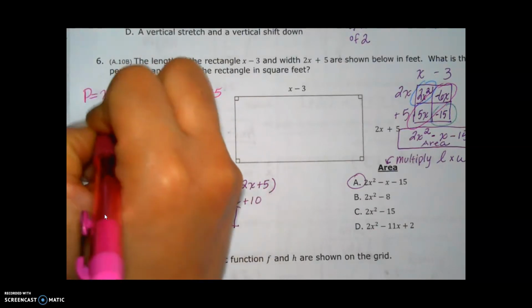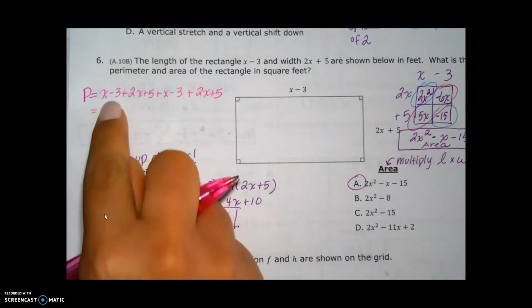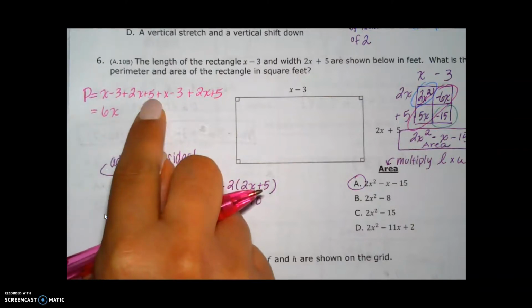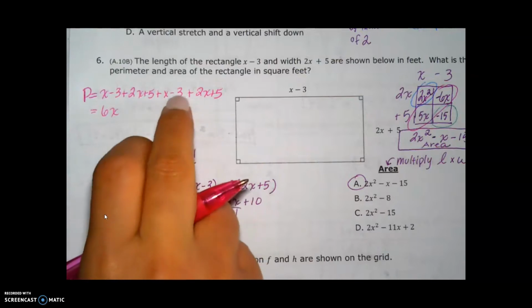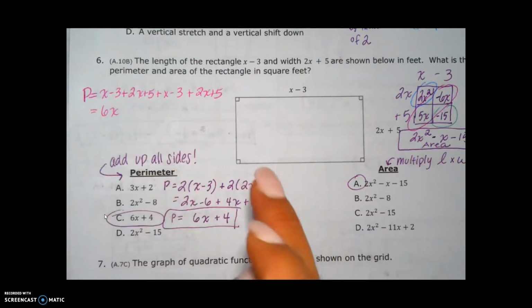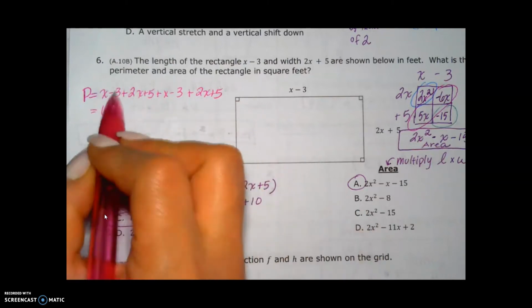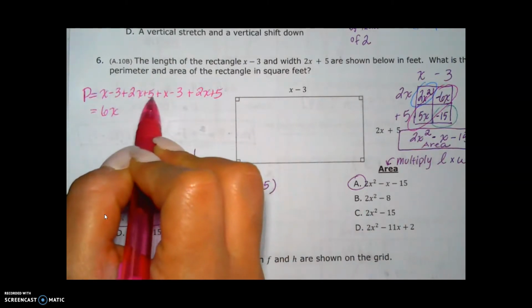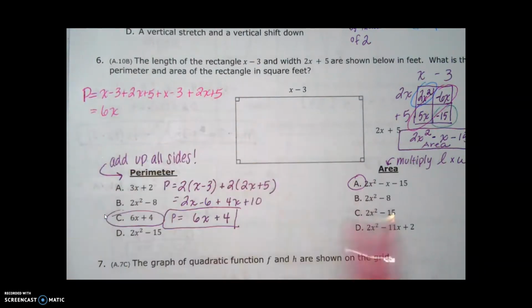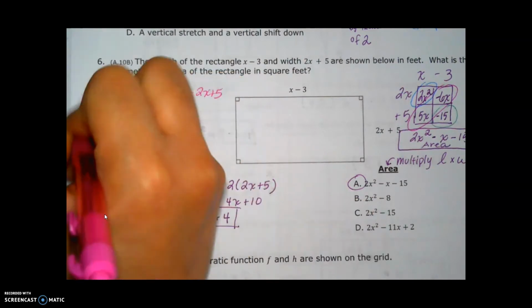So I get 6x. Negative 3 plus 2 is negative 1. Plus 5 is positive 4. Minus 3 is 1. Plus 5, did I do that right? Let me think. Negative 3, 5, that's 2. Minus 3 is negative 1. Plus 5 is, yes, positive 4.